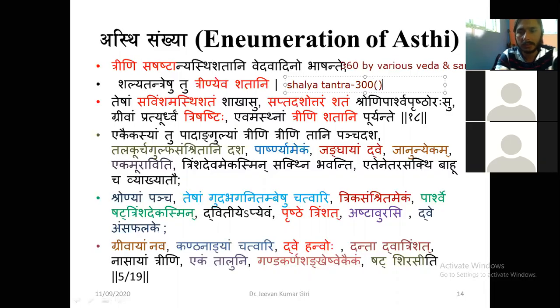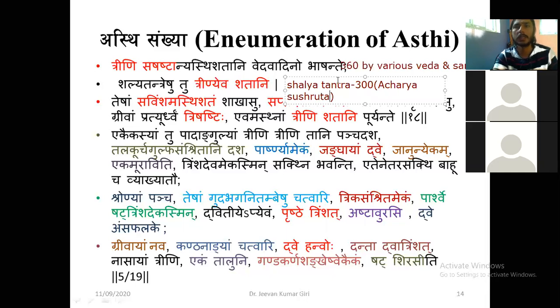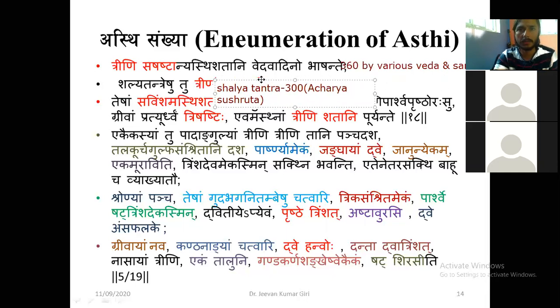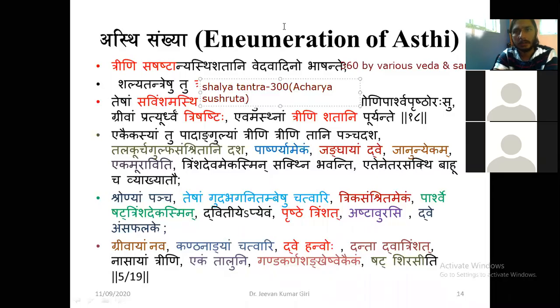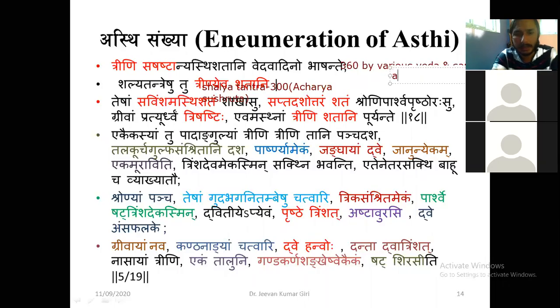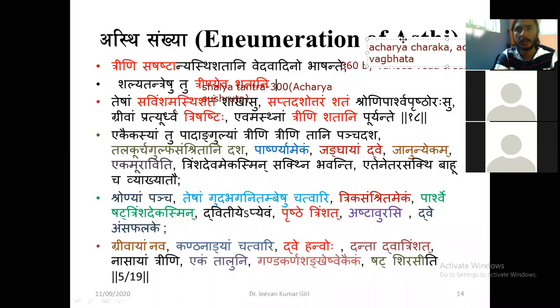So Acharya Sushruta told that there are 300 bones, whereas the remaining other Acharyas, that is Acharya Charaka, Acharya Vagbhata, and other Samhitas, have mentioned 360. But in the Shalya Tantra, Acharya Sushruta mentioned 300 bones in the body.